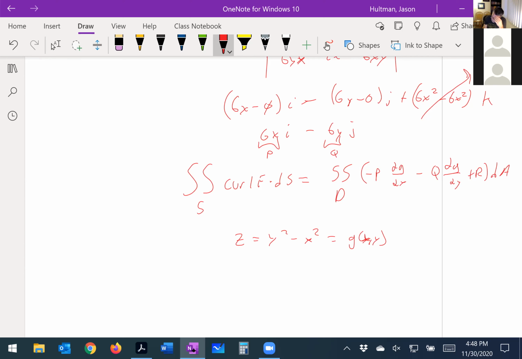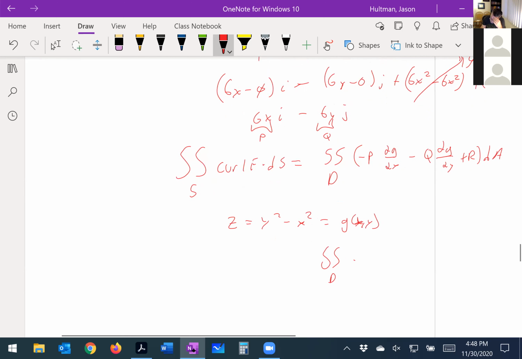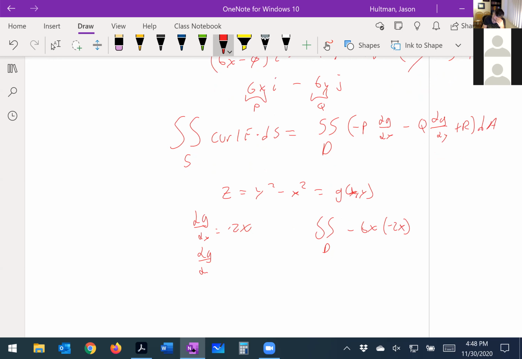So plugging all the pieces in, we have the double integral of negative P, that's negative 6x, times dg/dx. What's dg/dx? That's negative 2x. What's dg/dy? That's just 2y.